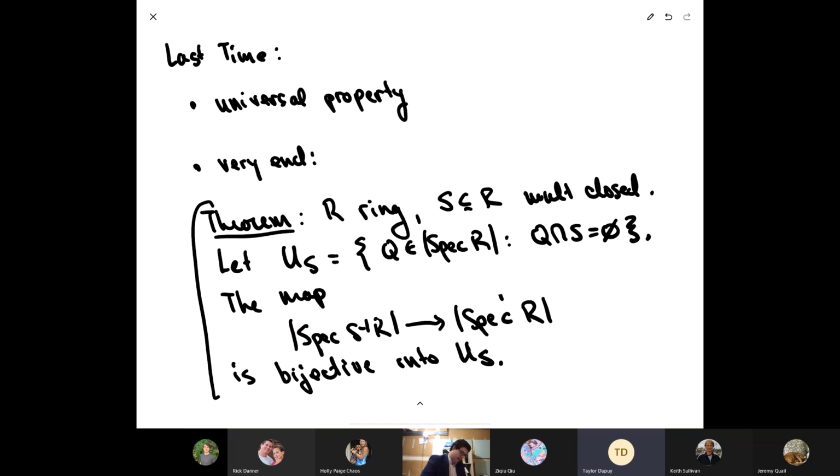In the map, it goes from a prime ideal here. I'm going to call these primes later. It takes this thing to the inverse image of the ideal here. So what is this map?